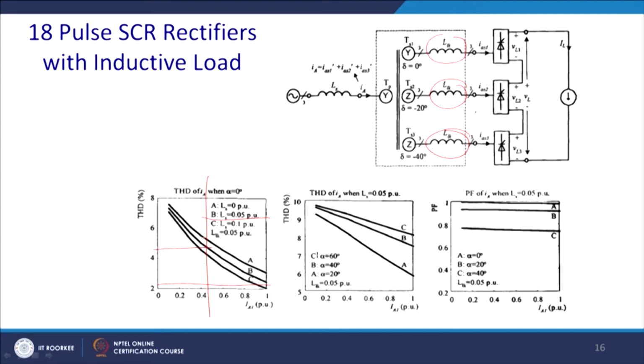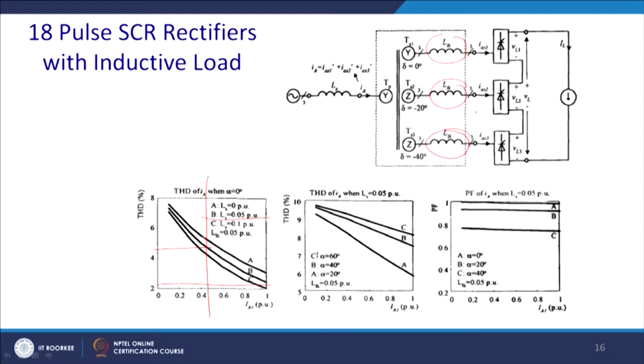So it is to some extent acceptable for this rectification where you are feeding a highly inductive load. But why is it a problem?